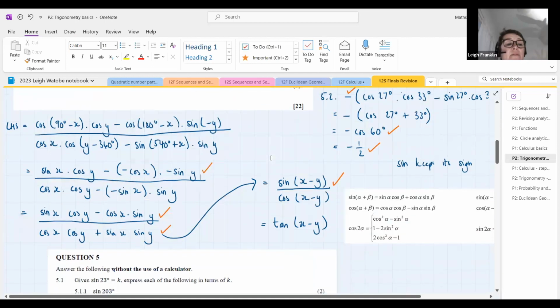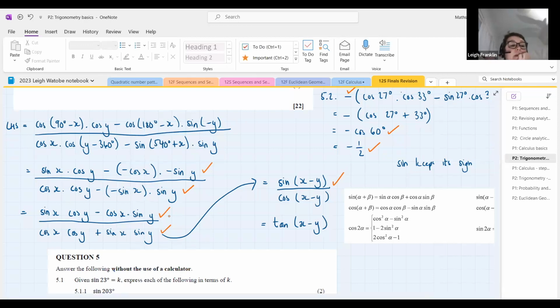Sure, only out of 5. 1, 2, 3. Okay, so numerator, denominator 1, 2, 3, 4, 5. So that's what I would think they would put the marks in this particular case. So on accuracy on the numerator, accuracy on the denominator, then accuracy on your simplifying, and then on your sine x minus y over cos x minus y.